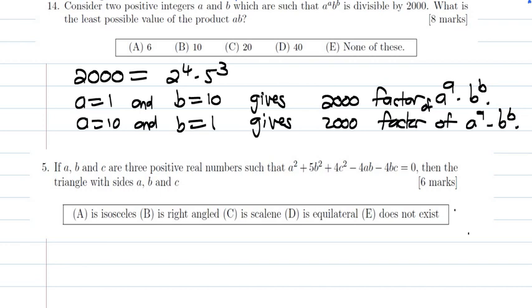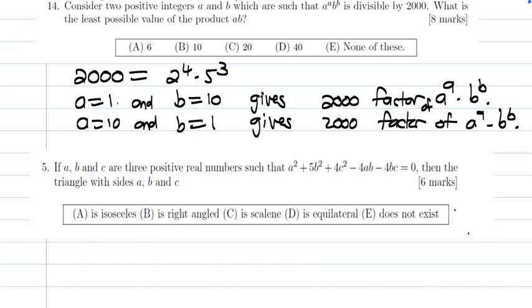Now, I think a lot of people were caught out by this problem because obviously you can't make a 2 and b 5. So maybe they try things like making b 10 and a 2. But if you run through the possibilities and you want to minimize the product, it turns out that the best is to make either a 1 or b 1 and the other one 10.